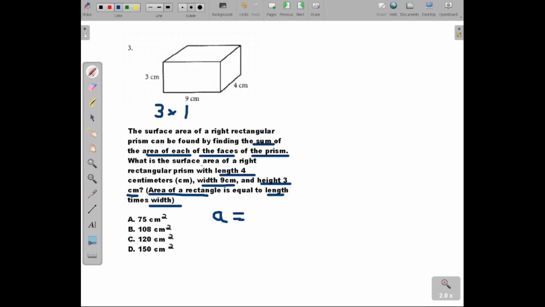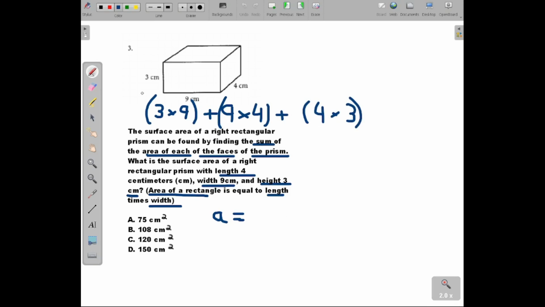One is 3 times 9, another is 9 times 4, and finally 4 times 3. And remember that we have to multiply it by 2 because this is a rectangle.